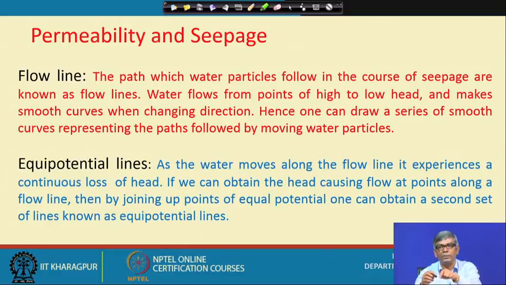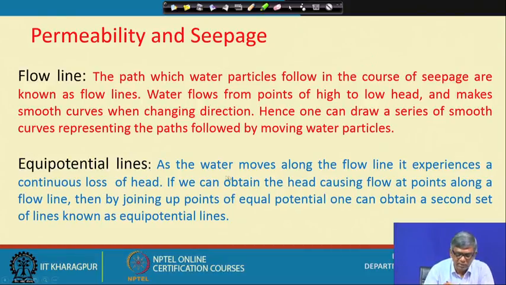So, below the water body or earth retaining structure, below which water is flowing, if I can draw the head or potential at different points, and finally join the points of equal potential, then I will get the equipotential line. So, the definition of an equipotential line is the line joining points of equal potential.